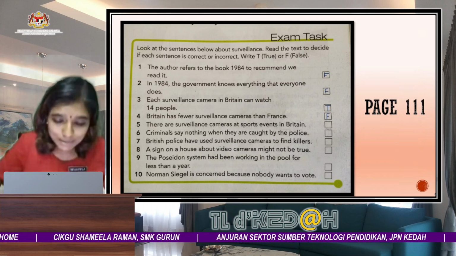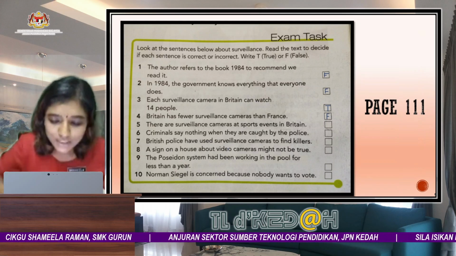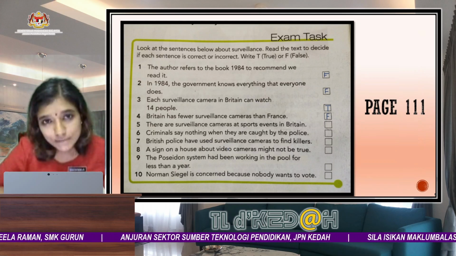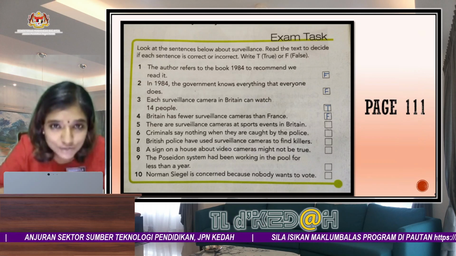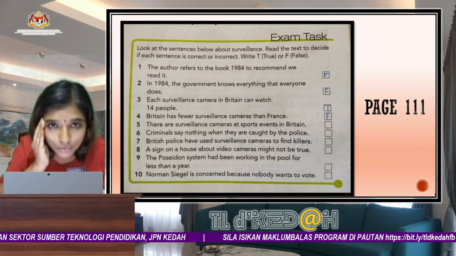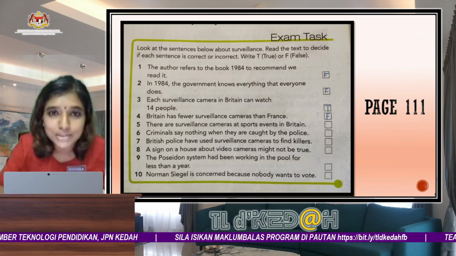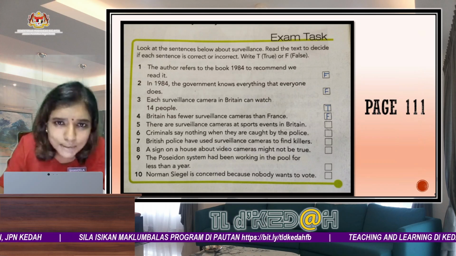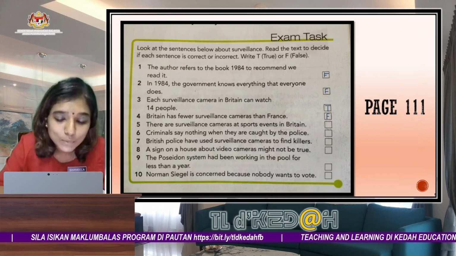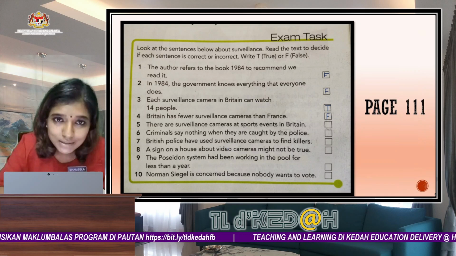There are surveillance cameras at sports events in Britain. Okay, nothing was mentioned about sports, but dear students, you must remember, in your knowledge, you know all major sports events have cameras everywhere, Olympics, SEA Games and all that. But we are looking at this particular text.